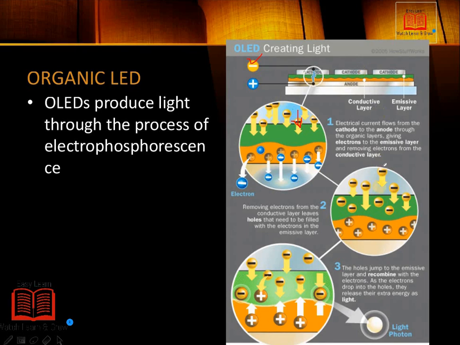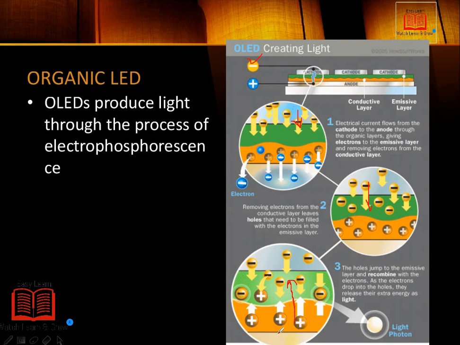But this process continues when these electrons are further pushed by the external bias source. These electrons try to do the same process. When these electrons enter into the conductive layer, the holes will try to go into the emissive layer, because the electrons will replace their place, and the holes will replace the place of the electrons.